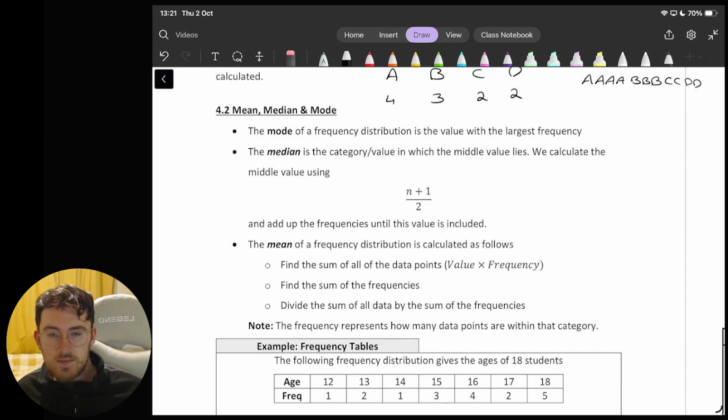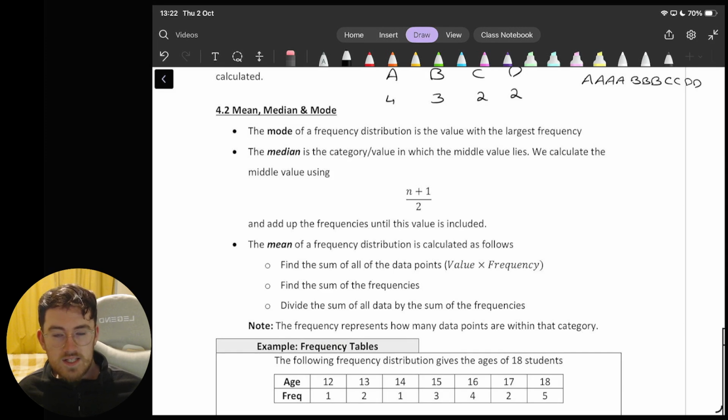And we can use that same trick that we had before, where we add 1 to the number of data points and divide it all by 2, and we look at the frequencies until we've included enough people to find where that middle one would be, and we give its category or value as our answer.